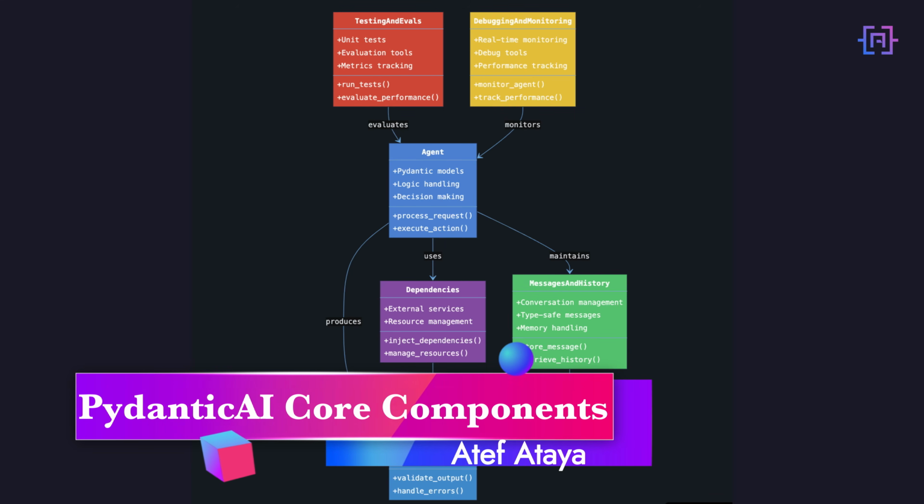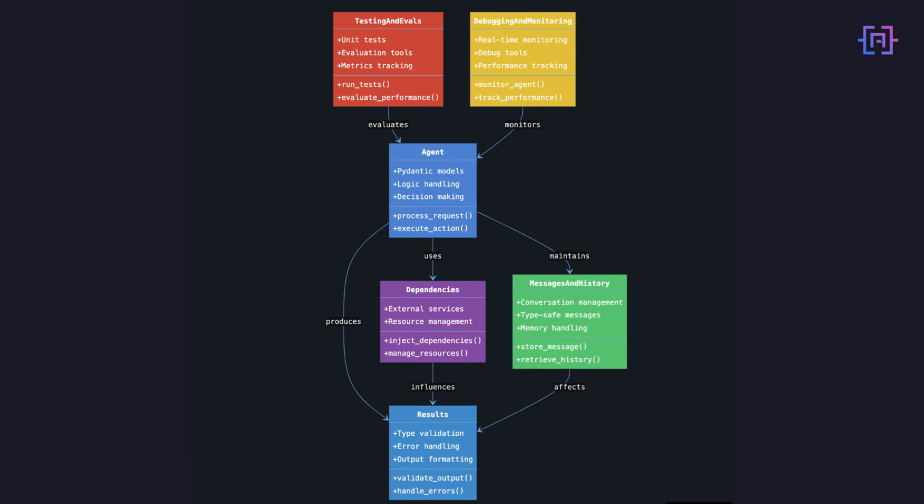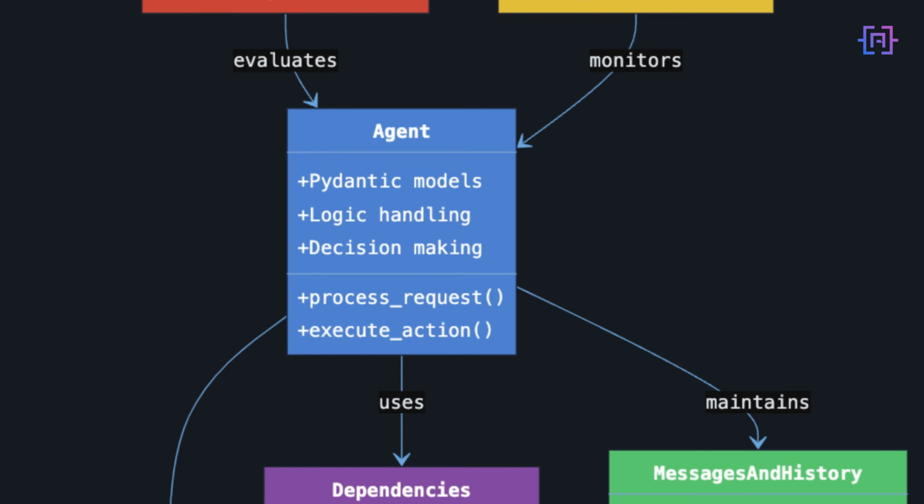Now let's break down the building blocks of PydanticAI. At the heart of our PydanticAI system lies the agent component, which serves as the intelligent core of the entire framework. Agents are defined using Pydantic models, providing a structured foundation for their operation. These agents act as the primary decision makers, handling complex logic and processing tasks while maintaining a clear and organized approach to problem solving.